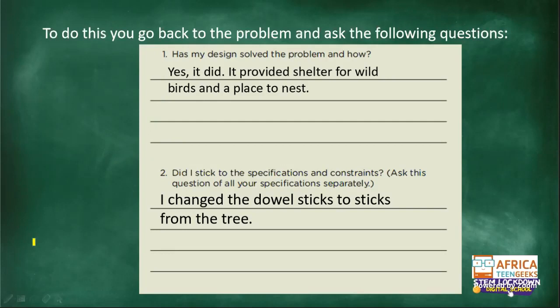Now, I thought if I'm not able to go to the shop, or if I'm not able to find the dowel sticks, I will change it to sticks from a tree. I will just get a nice and sturdy stick, and I will put that there for the birds to perch. So there I changed a specification. You guys see that? Okay.